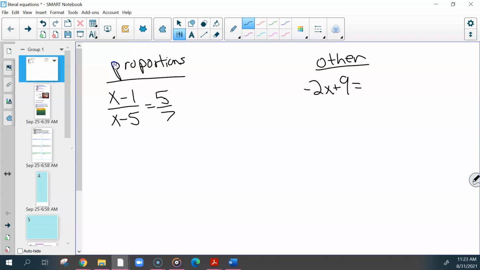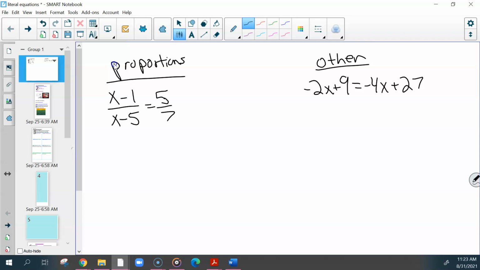It was negative. You can write these down, you don't have to. But this is just going back over the solving equations that we did last class.